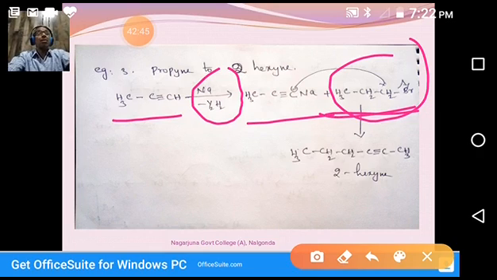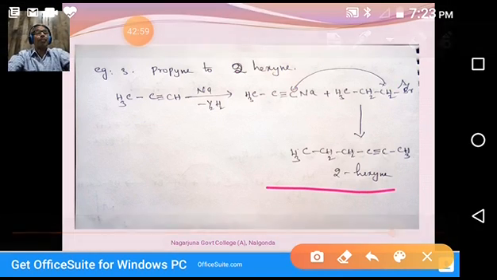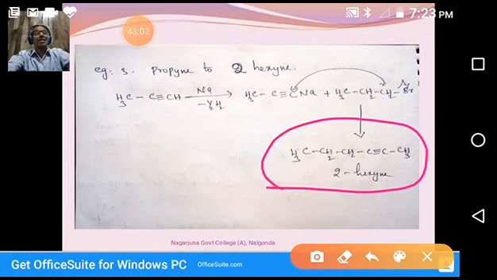So on nucleophilic substitution reaction, bromine is eliminated as Br minus. This nucleophile replaces bromine, giving our final required product. It is hexyne. How hexyne? 1, 2, 3, 4, 5, 6 carbons, numbering from here.